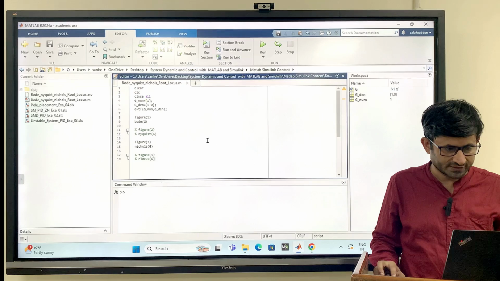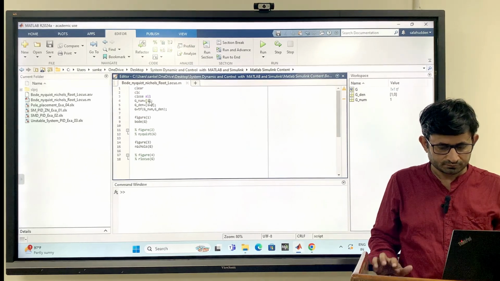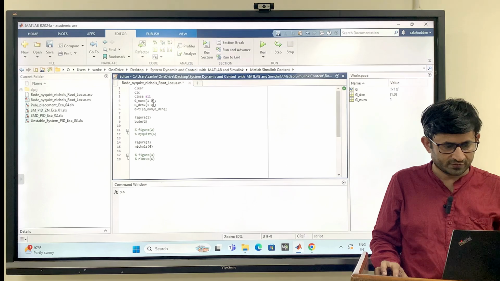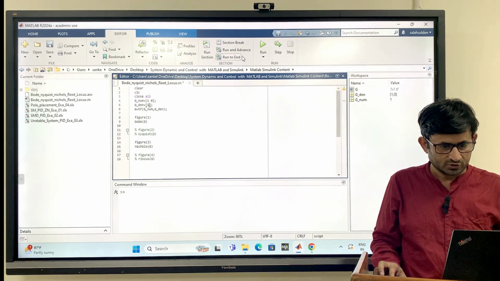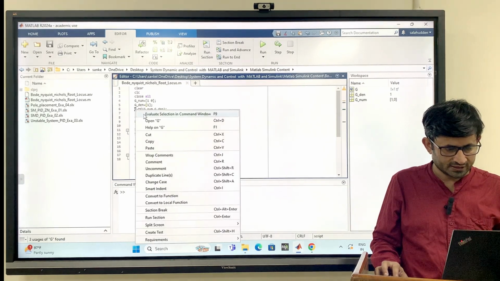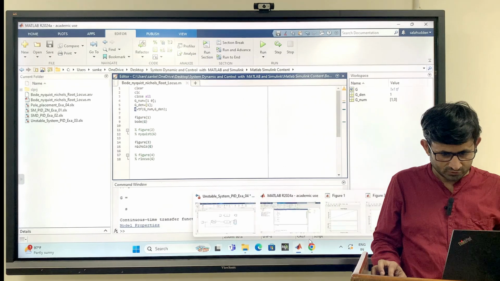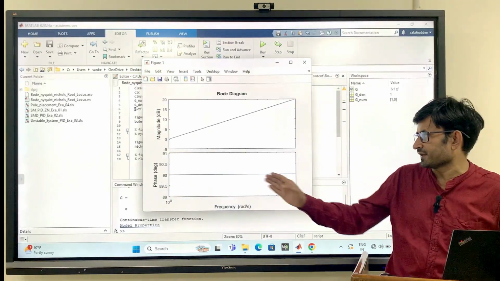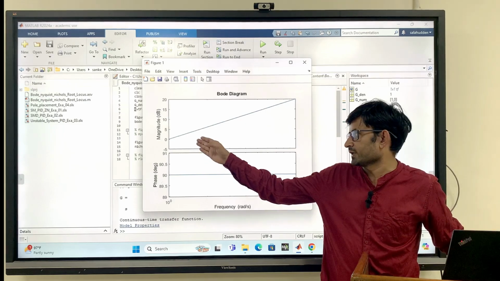Let's say you take the example of s only, like we have seen in the Bode plot case. Transfer function s means you are just taking the derivative. We have seen that the phase will remain 90 degrees and your gain will increase.